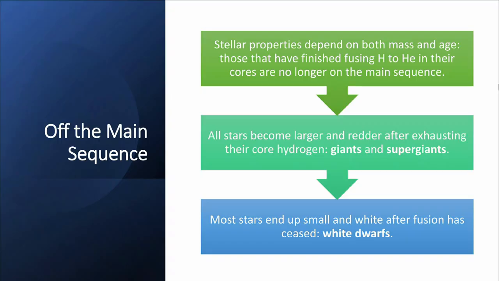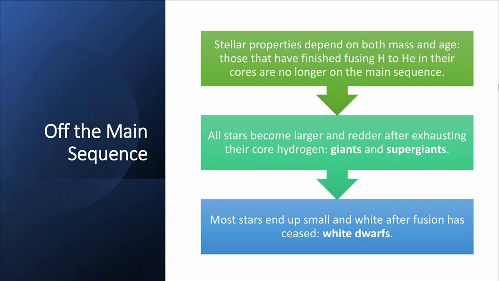You're going to break that equilibrium between the inward force of gravity and the outward pressure of the nuclear reactions. There's a couple different ways that can happen, and we'll talk about that in a few lectures when we talk about stellar evolution. But when they're no longer doing hydrogen into helium in their core, the star is going to puff out its radius and become a giant or a supergiant, depending on what mass it started with.